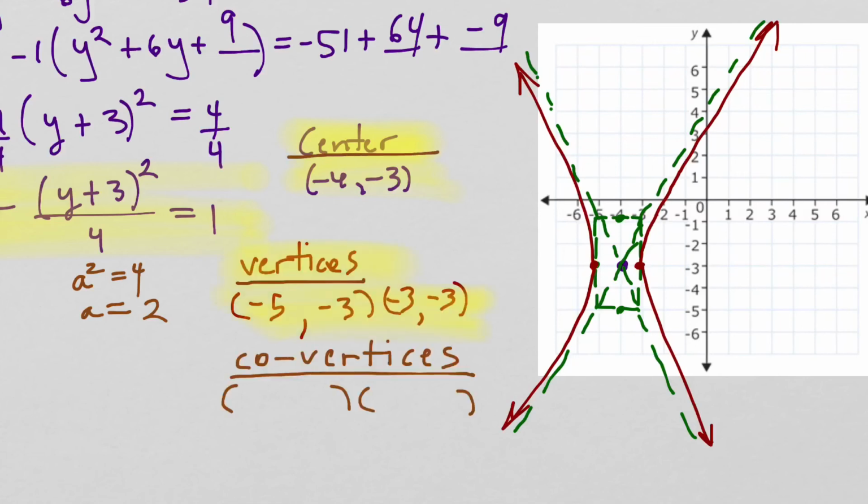So the co-vertices then would be the dots on the center of this side of the box, here and here. So this dot would be at -4, -1. And this point would be at -4, -5.